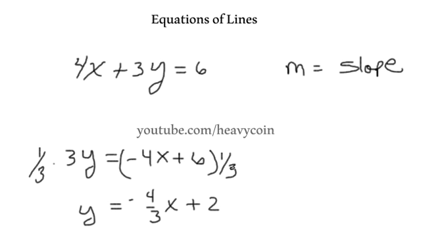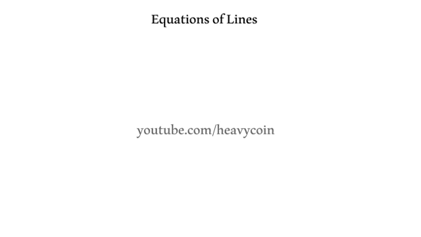That's multiplying this 1/3 across each one of these terms here. And so what is the slope? The slope is negative 4/3. So it's that simple. Just solve for y in the problem and then look at the coefficient in front of x.